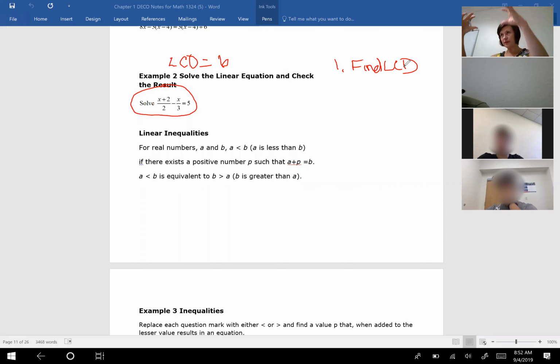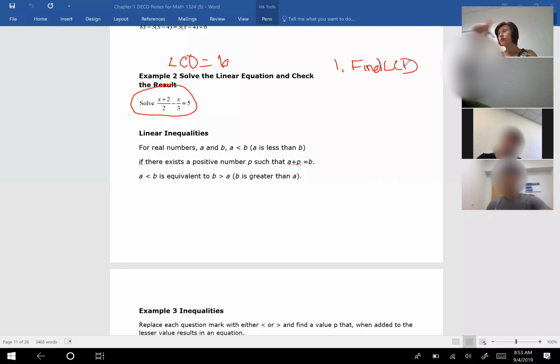And if you want to put these notes out to the side, what I'm trying to give you are the steps for solving an equation that has a fraction in it. Okay, so you've got to have an equal sign before you can do this. Don't think you're about to learn a trick that lets you get rid of every fraction.